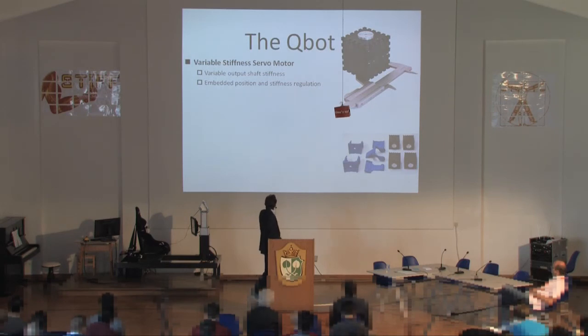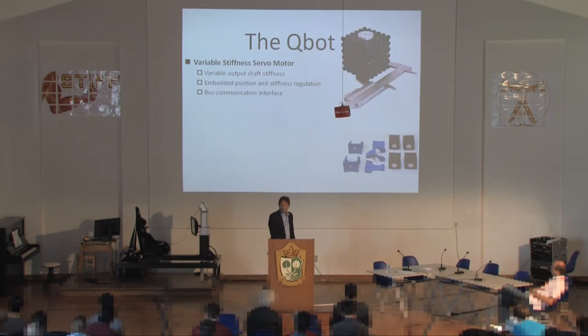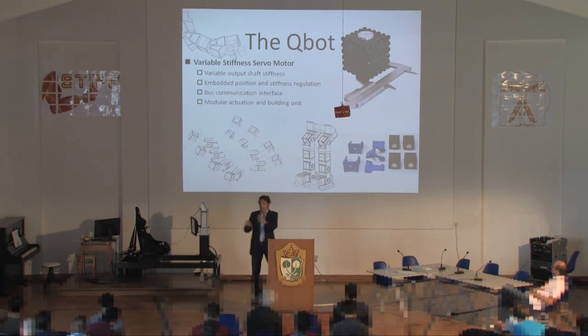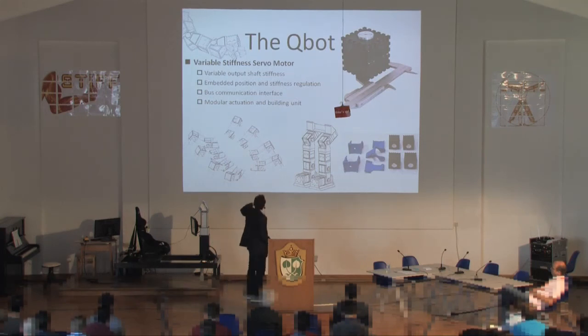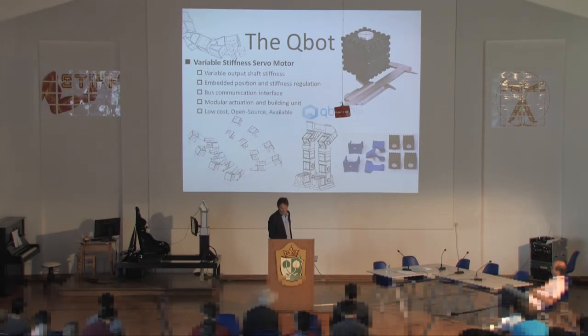It has variable output shaft stiffness, embedded position and stiffness regulation. There is a standard bus communication interface. You can simply plug them in and build devices. So for instance, you can build animals or arms or legs out of this. It has been licensed to a small company that will make this available at a very low price.